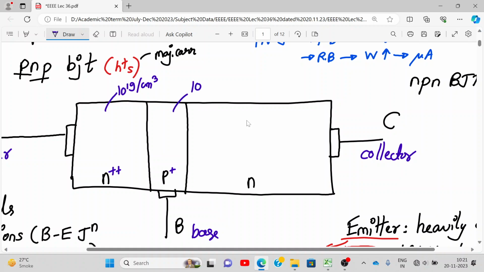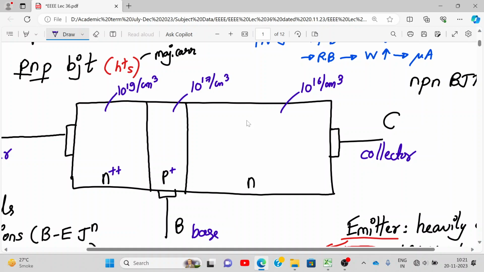Here there are fewer, 10 raised to 17, let's say, and here it is very moderately doped. Atom concentration is 10 raised to 22, and here the impurity concentration is there, N, P, N. Normally we don't write N plus plus, P plus and N. We normally write NPN. But for your understanding, I'm explaining it to you.